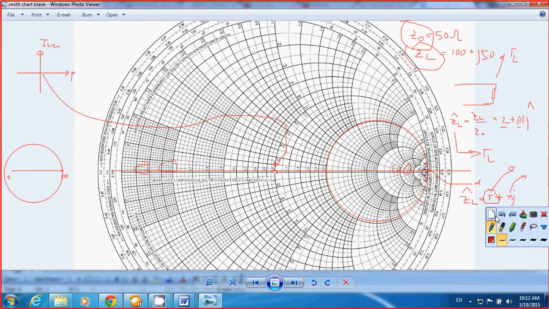Okay. So next, we're going to take a look at the imaginary part of the normalized load impedance. And you notice X is going to be represented by these lines here. Okay, to get a better picture.